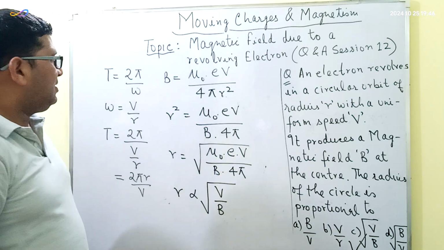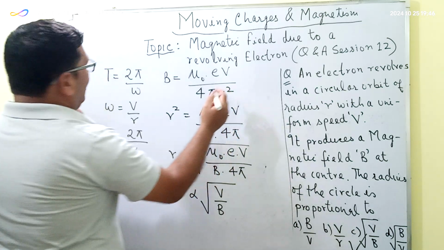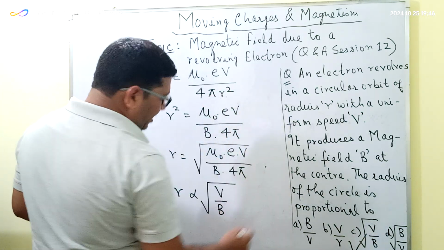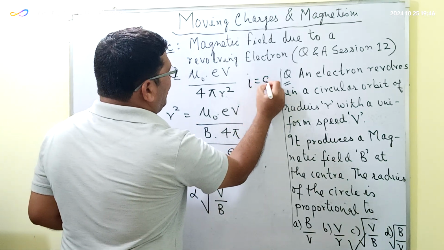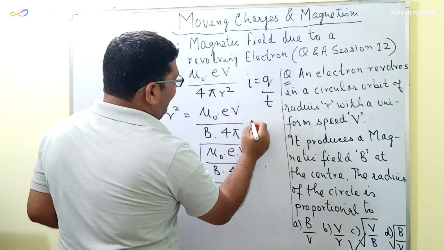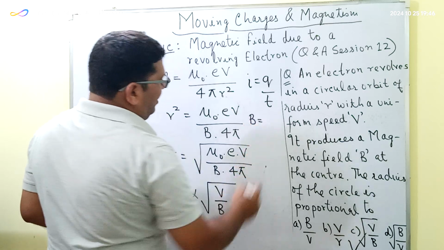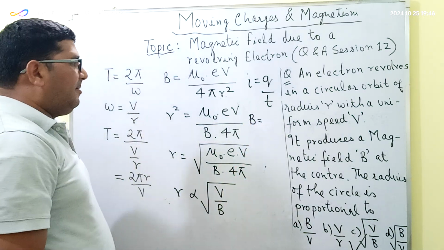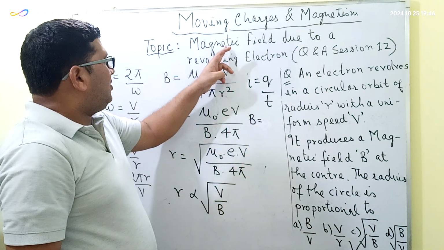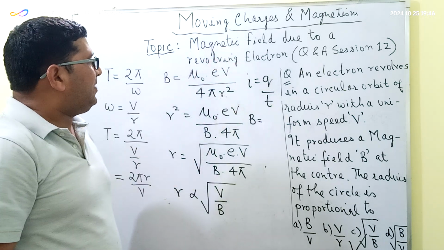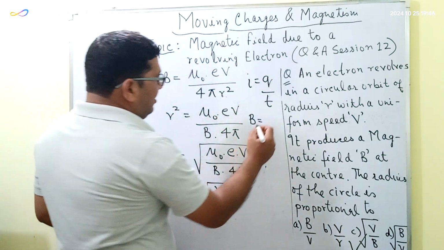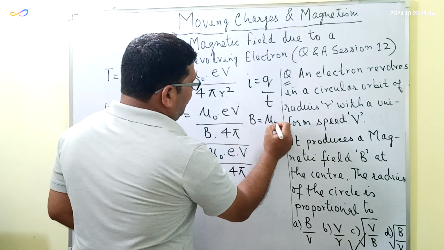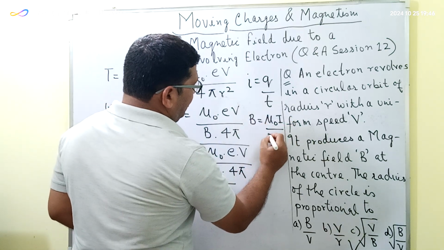In this question, the most important thing was the utilization of the formula I is equal to Q upon T, and then we used the formula for the magnitude of the magnetic field at the center of a current carrying circular coil, mu naught I upon 2r.